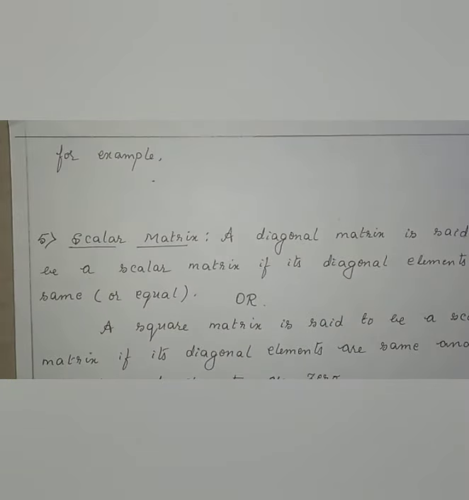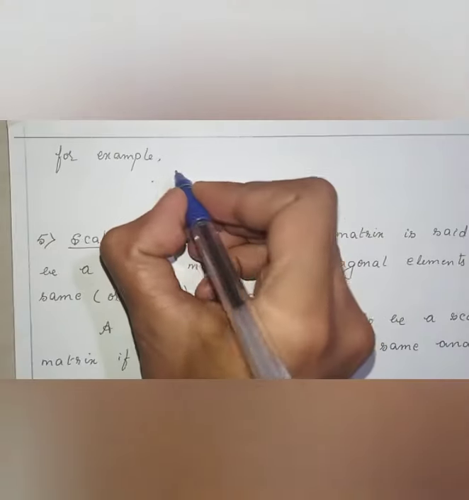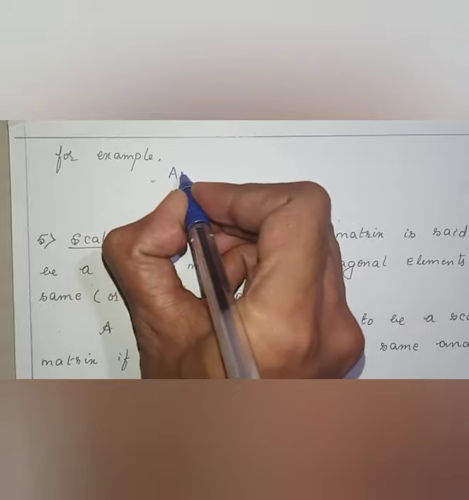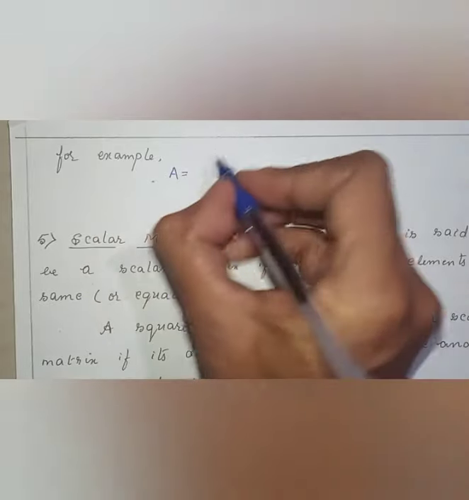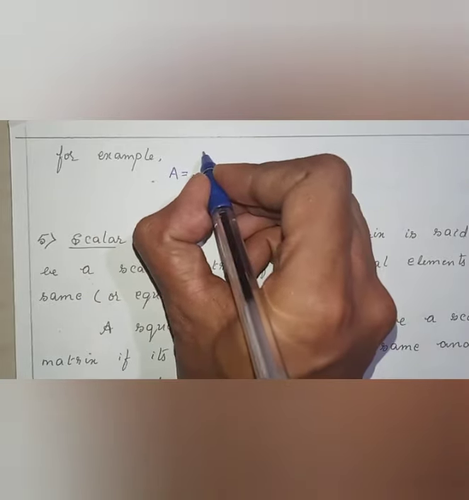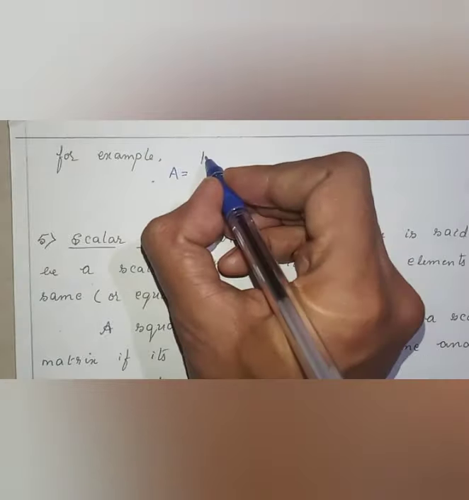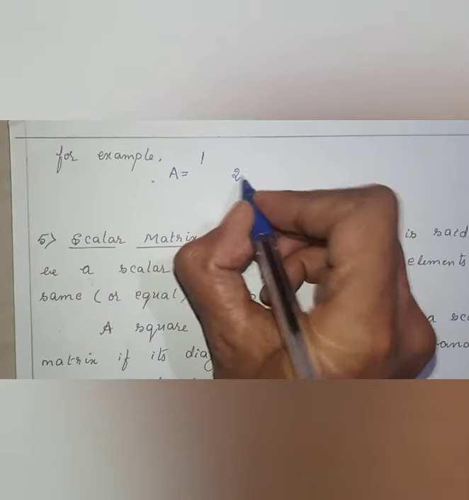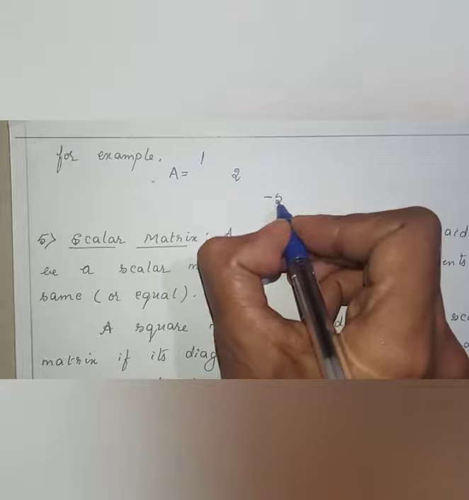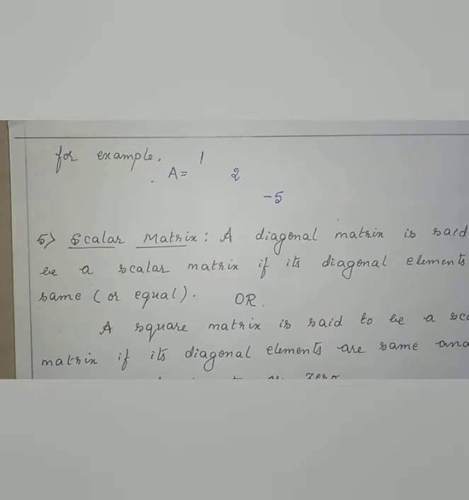For example, let's write some diagonal matrix. So remember, first of all, the diagonal matrix should be a square matrix. So A is equal to, first I'll write the diagonal entries: 1, 2, -5. So these are the diagonal entries.